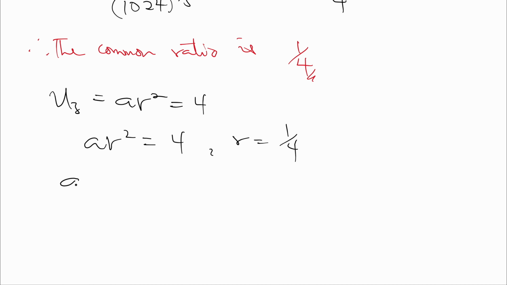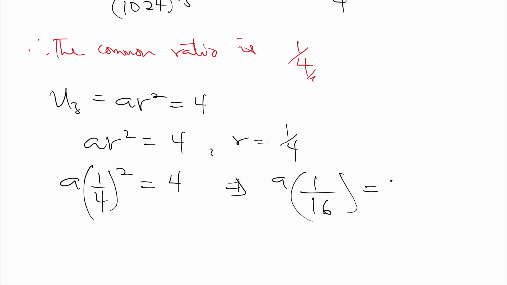So we have a multiplying (1 over 4) squared is equal to 4. Now this is the same as a multiplying 1 over 16 is equal to 4. So when we remove the brackets, we get a over 16 is equal to 4.